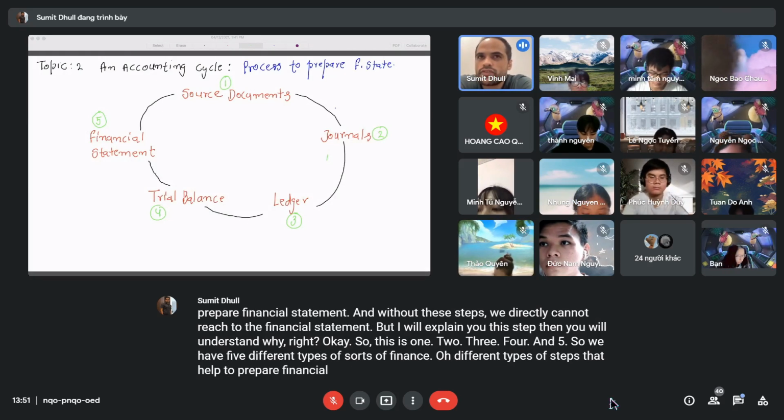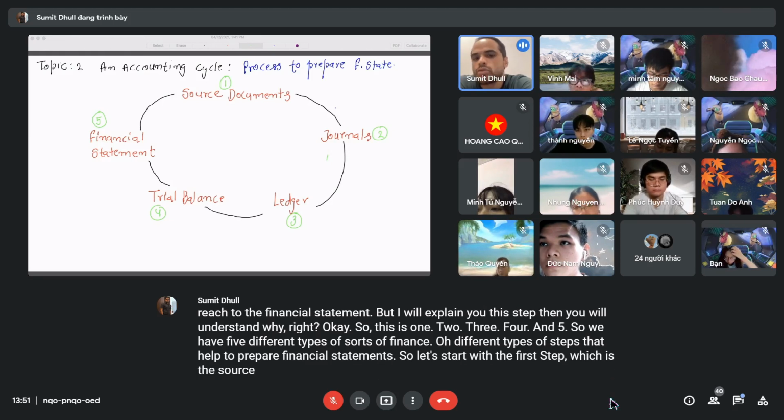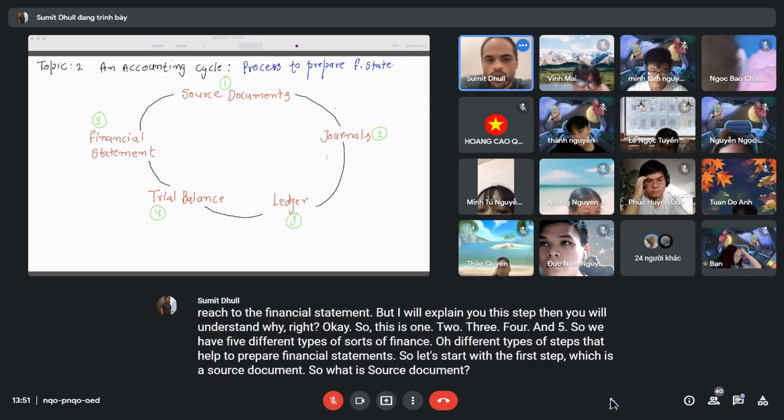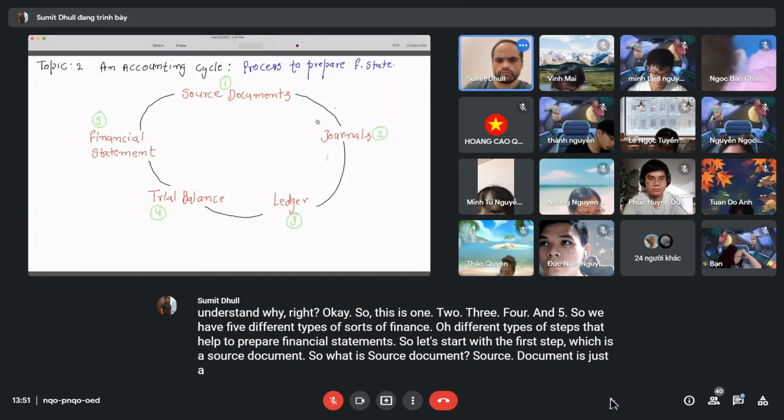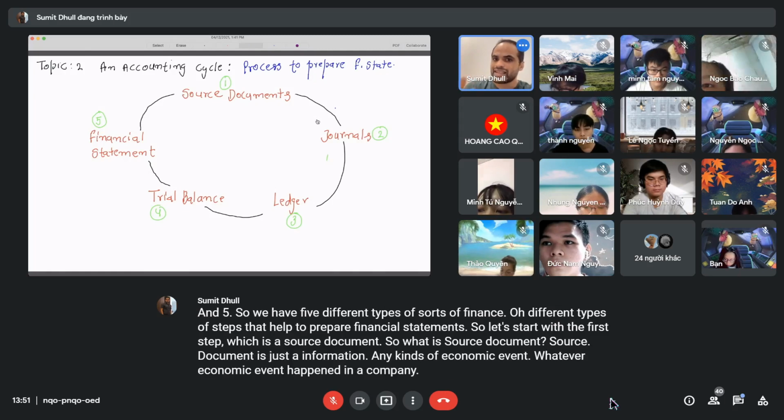Let's start with the first step, which is the source document. So what is a source document? A source document is just information, any kind of economic event. Whatever economic event happens in a company, this is called a source document.